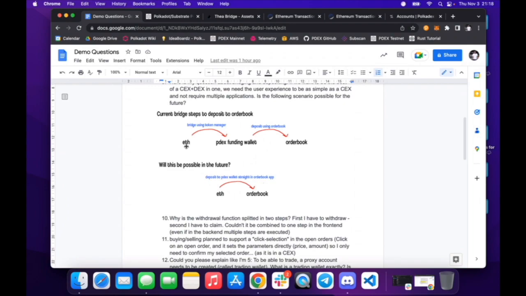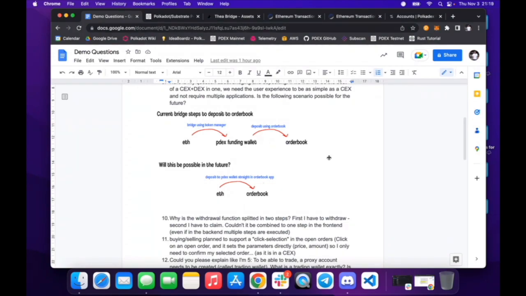Thea, for people who don't know, is our in-house bridging solution. At the moment, we are using Chainbridge as the bridging solution, which is a semi-centralized setup, but Thea will be a completely decentralized setup. Once we have Thea in the mainnet, which is going to be a few months from now, the reason we went with Chainbridge at the moment is we're still testing Thea, and we do not want it to be a blocker for users to trade or use tokens from other networks.